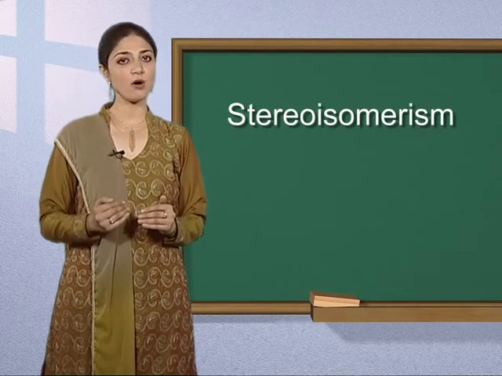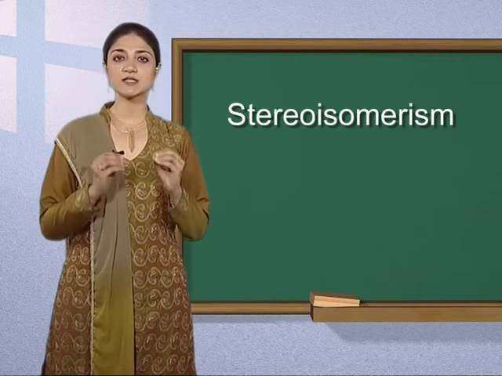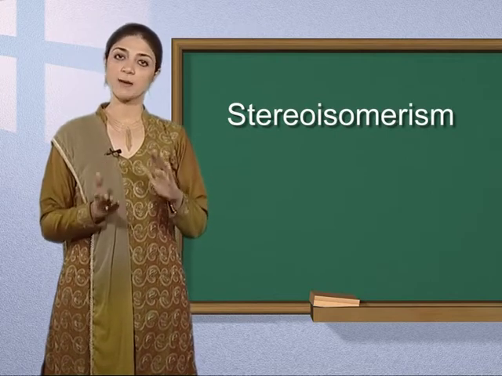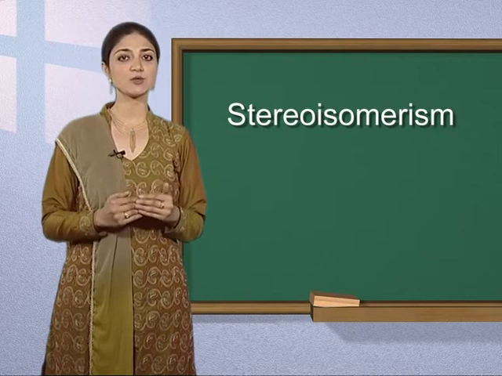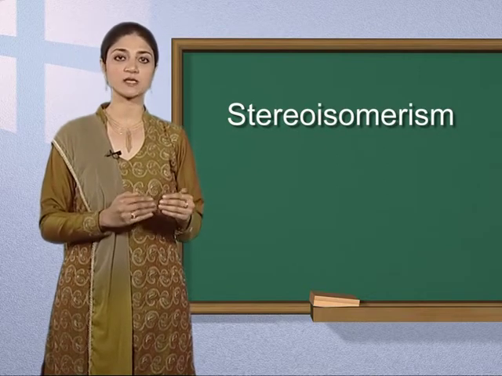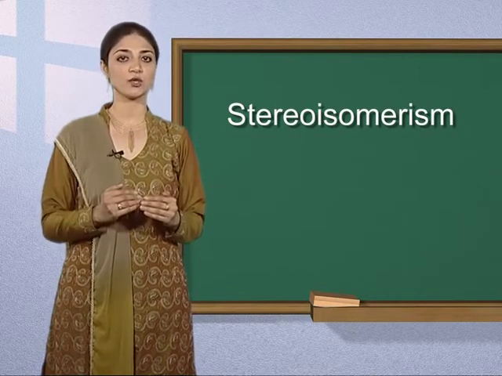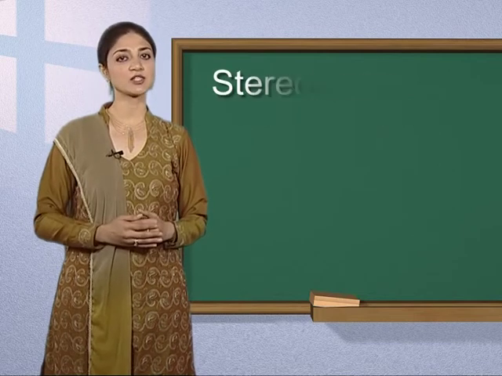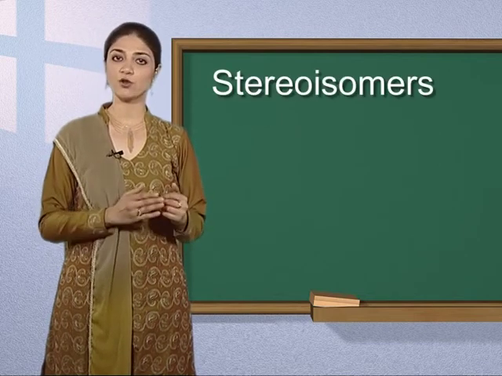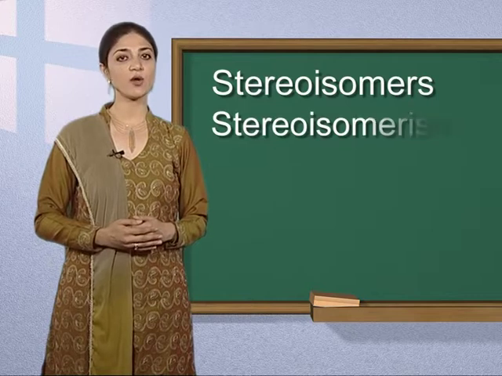When different forms of a compound have the same structural formula but differ in relative arrangements of atoms or groups in space within the molecule, these are known as stereoisomers, and the phenomenon is known as stereoisomerism.